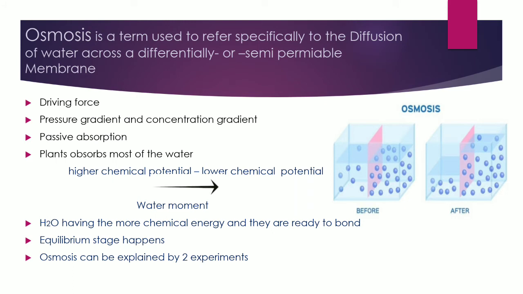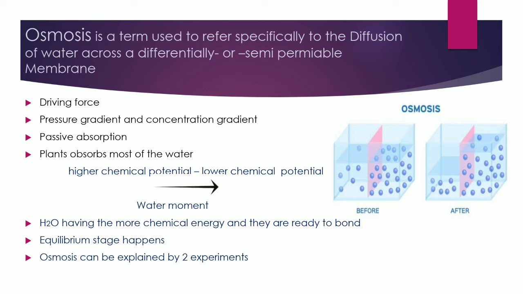And what is osmosis? Osmosis is a term used to refer specifically to the diffusion of water across a differentially or semi-permeable membrane. It is nothing but diffusion of water.